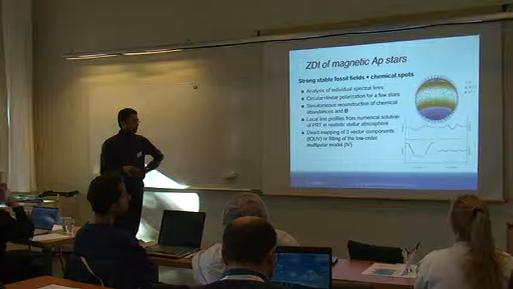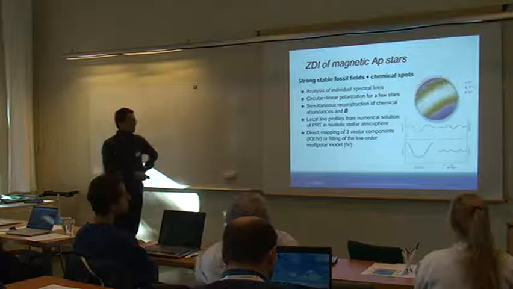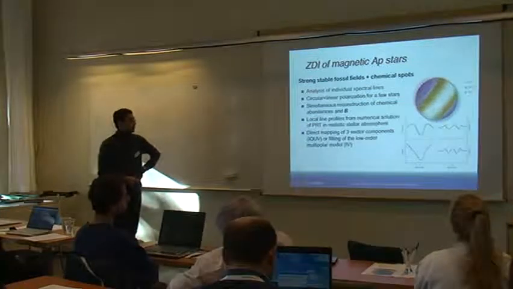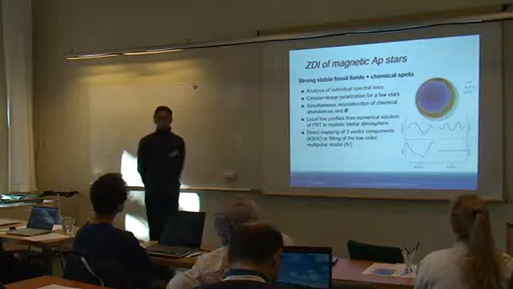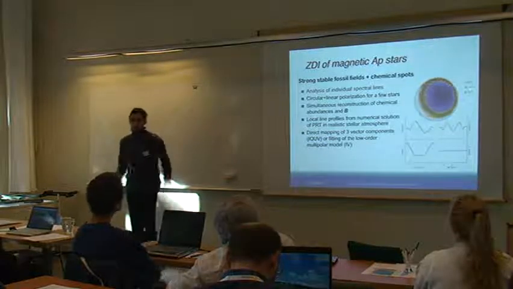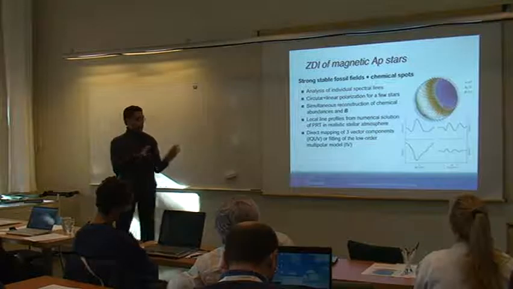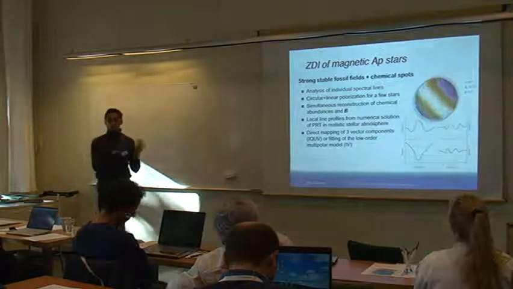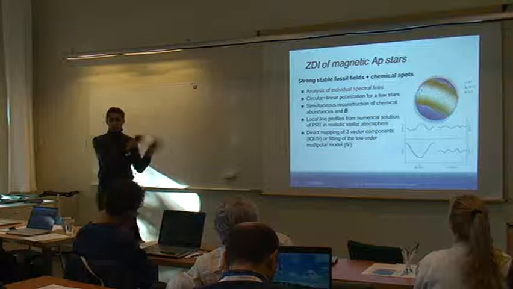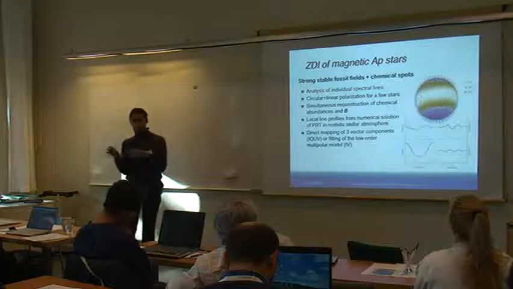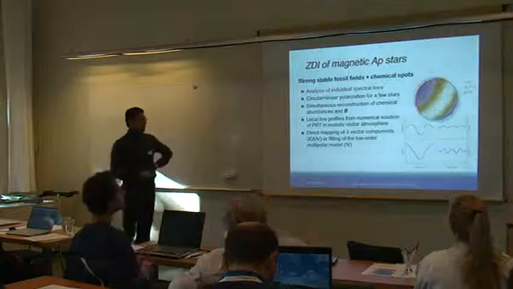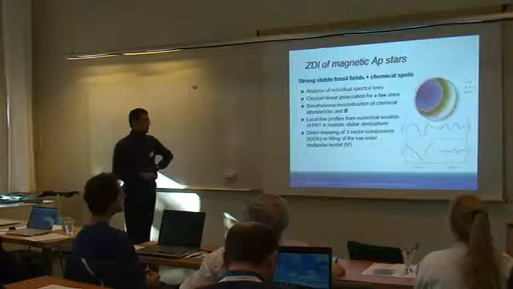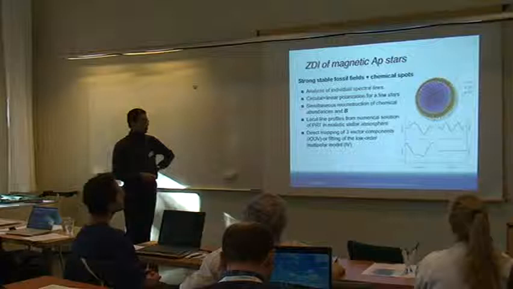We are able to interpret all four Stokes parameters as shown here, and we are also doing simultaneous reconstruction of chemical abundances and magnetic field. And this simultaneous thing is really important because we take into account the influence of magnetic fields on the reconstruction of star spots and vice versa. So there are no artifacts coming from inconsistent treatment of different surface effects.